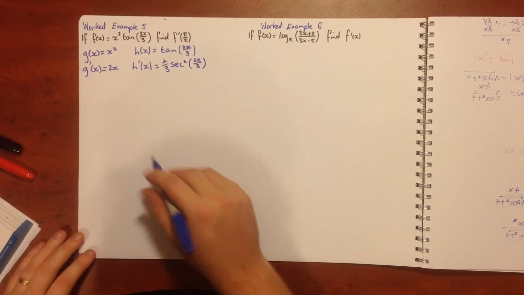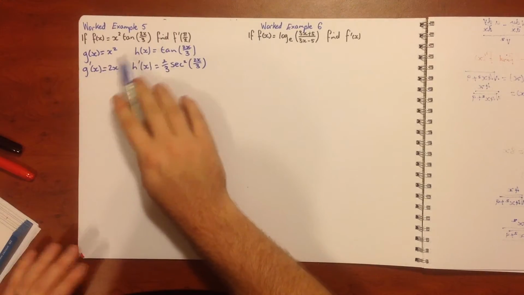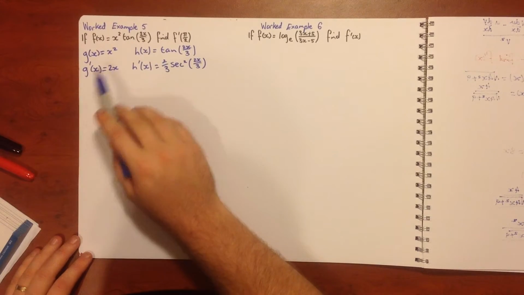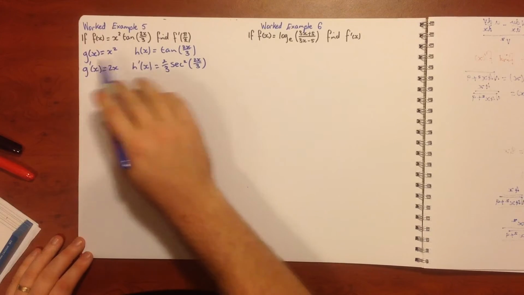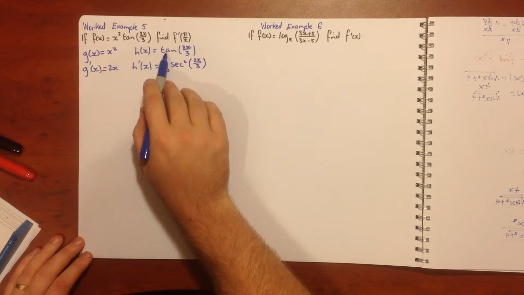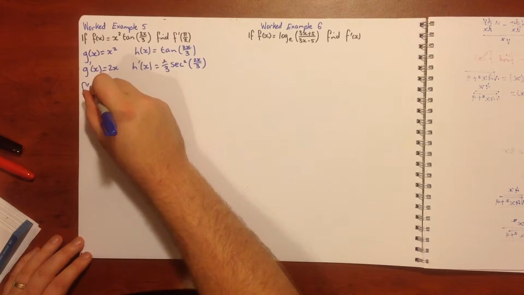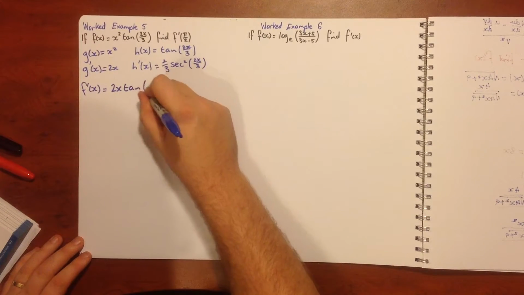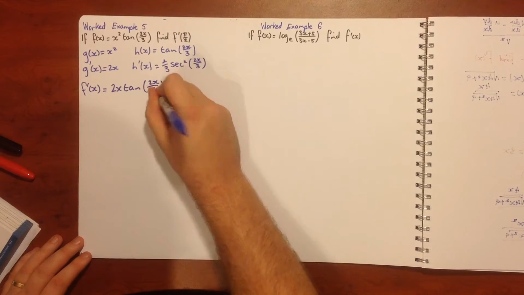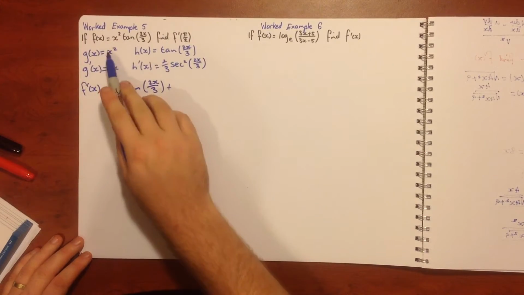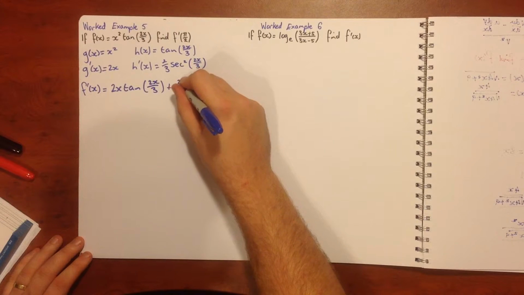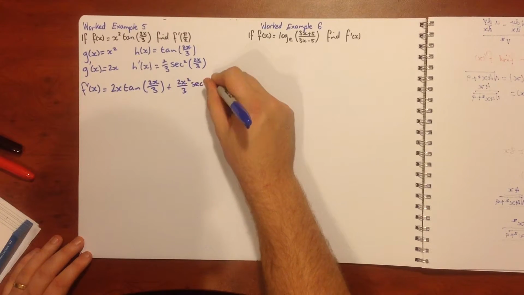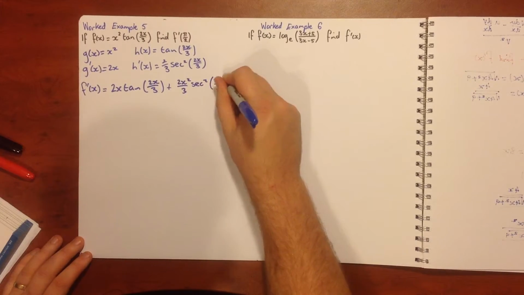Now we've got everything we need, we can build it up. Remember it's the product rule, so we can't actually stuff this up. We just have to remember the derivative of one times the original of the other, plus the other way around. So g dash of x times h of x, which is 2x tan of 2x on 3, plus this one times this one.